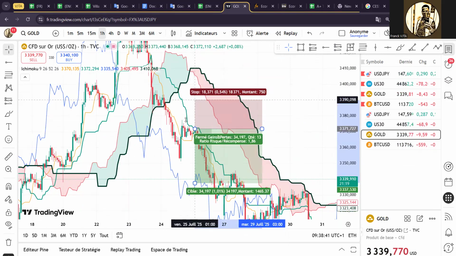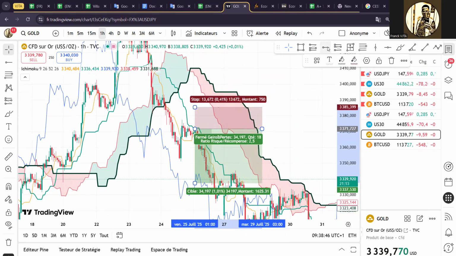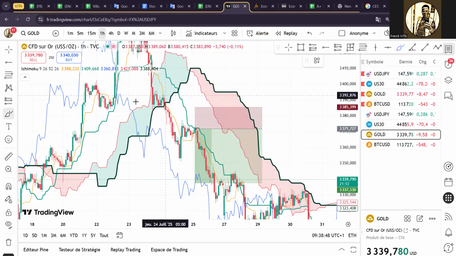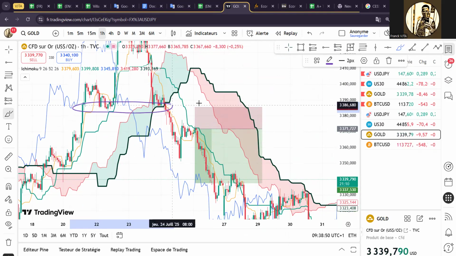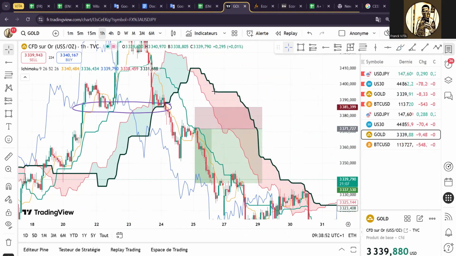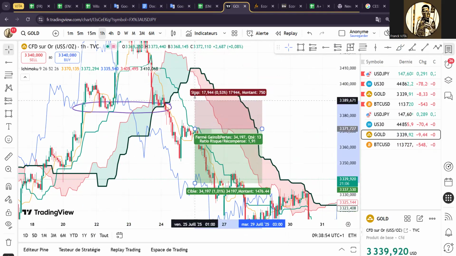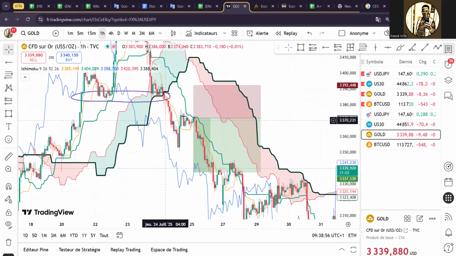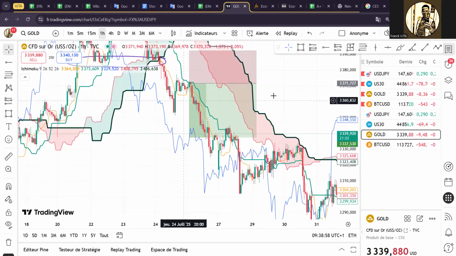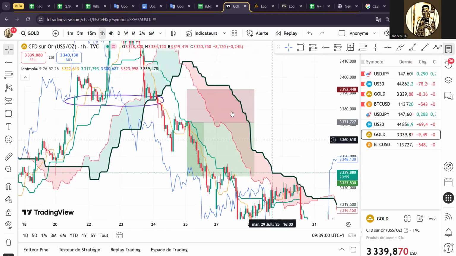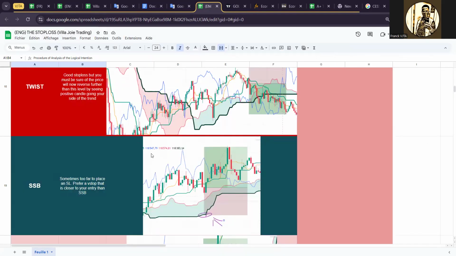Or even this support area, just below this support area. Even above will be more logical if we go and test that support again. So that's a little bit the understanding.